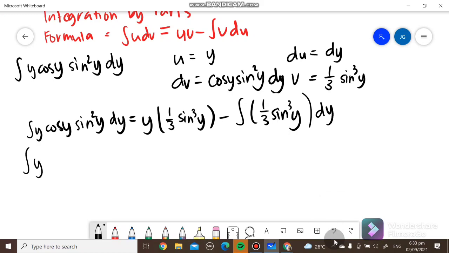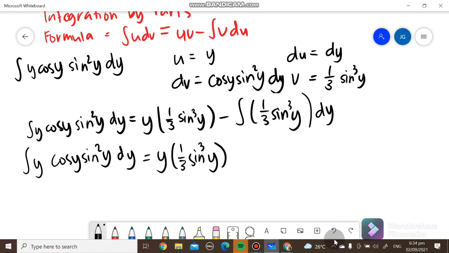So, we have the integral of y cosine y sine squared y dy is equal to y times 1/3 sine cube y minus, let's take out the 1/3 before the integral sign, the integral of sine cube y dy. So, what we will do here is simply expanding. I will write this as sine squared y times sine y.